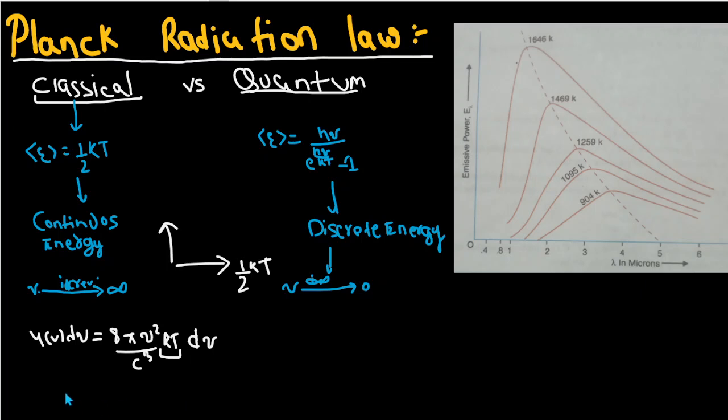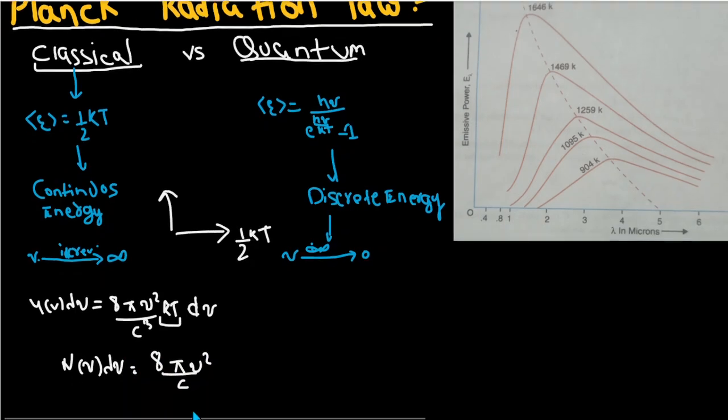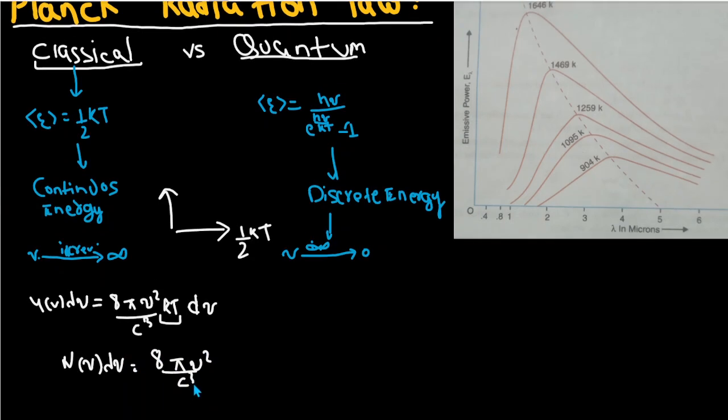We derived the number of standing waves in a given frequency range, and the number is exactly 8πμ² divided by c³ dμ. This is the number of standing waves in a given frequency range dμ.